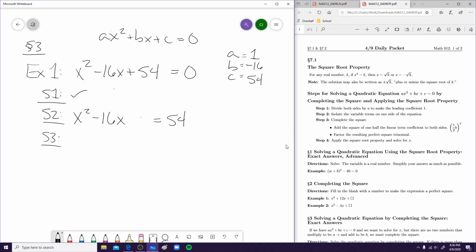So step 3, we are now going to complete the square. This can be like little side work. This is negative 16 over 2 quantity squared. So negative 16 divided by 2 is negative 8, and negative 8 squared is 64. That was the first part of step 3, and now we want to add 64 to both sides.